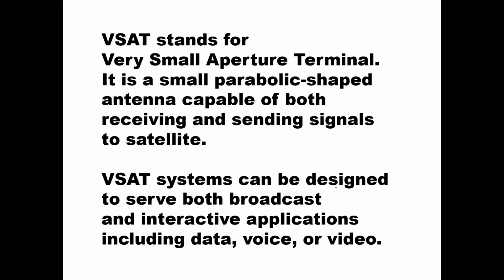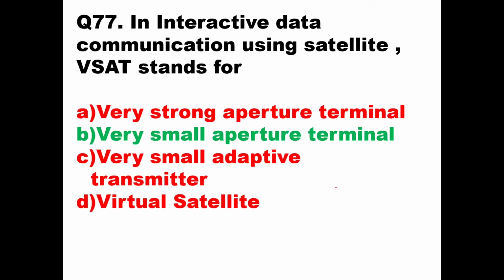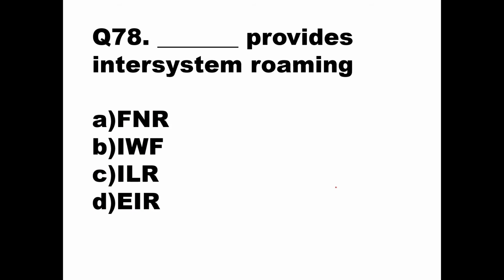VSAT systems can be designed to serve both broadcast and interactive applications, including data, voice, or video. Okay, so here option B will be the right answer. He has just asked the full form of VSAT. It is Very Small Aperture Terminal, right? Then we'll go to the next question.